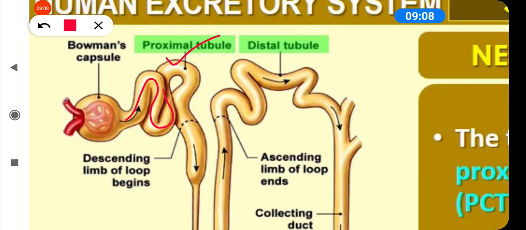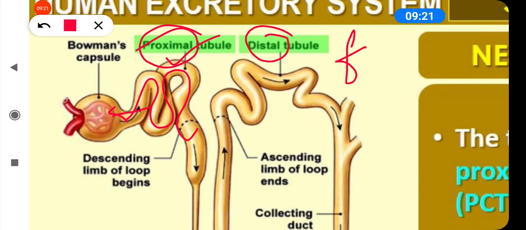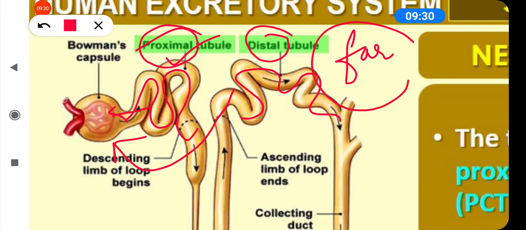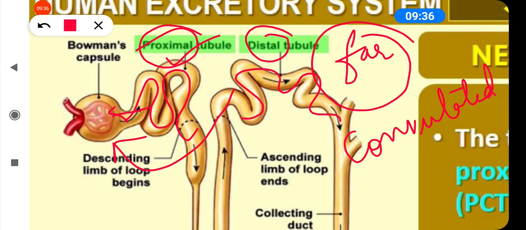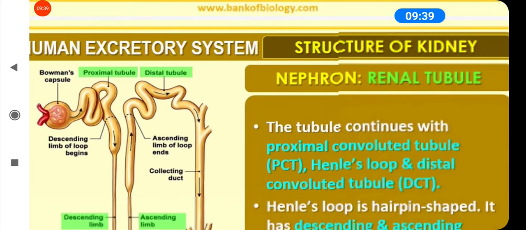As it is twisted, it is called a proximal convoluted tubule. And as it is near the Bowman's capsule, it is called proximal, meaning near, and distal means far. As this convoluted tubule is far from the Bowman's capsule, it is called the distal convoluted tubule.